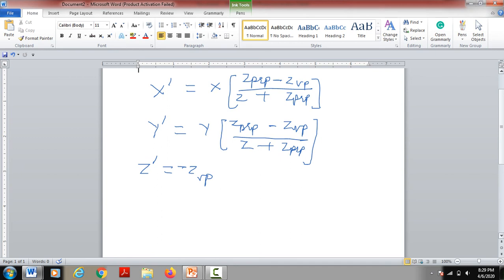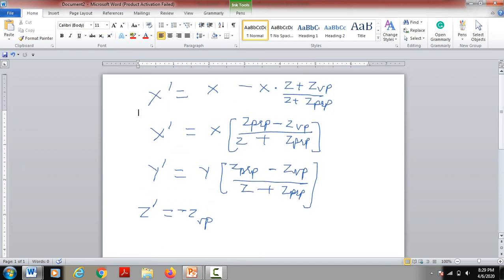Another special case is if the view plane is at the origin of the coordinate system, perpendicular to the z-axis. Another special case can be if the projection reference point is at the origin of the view plane. In this way we can write the different mathematical forms of perspective projection according to their view plane.